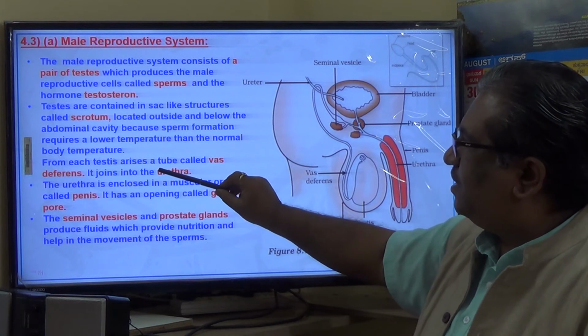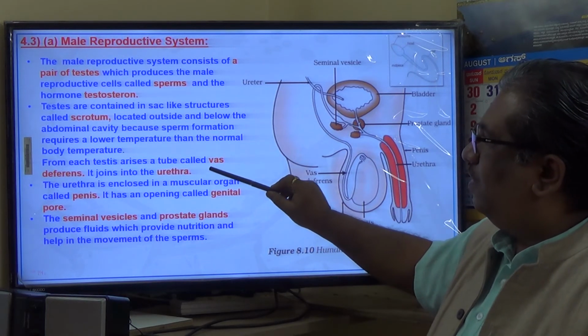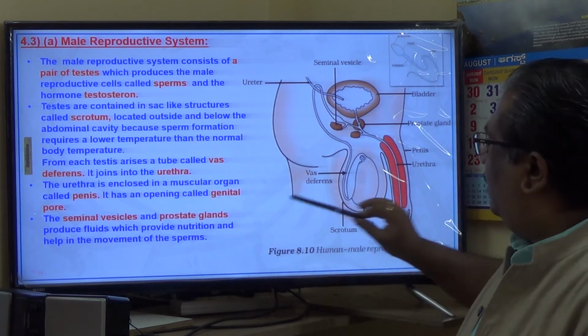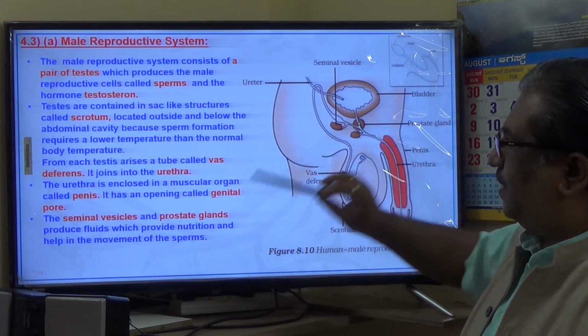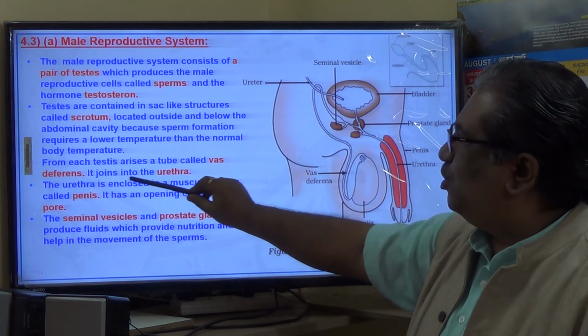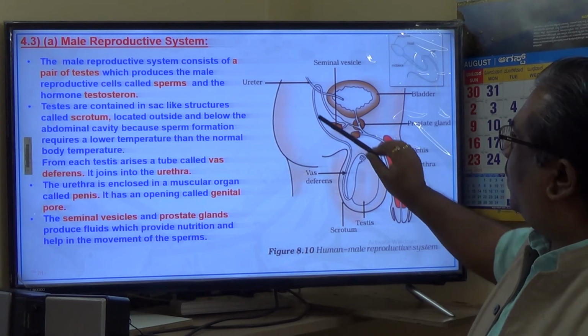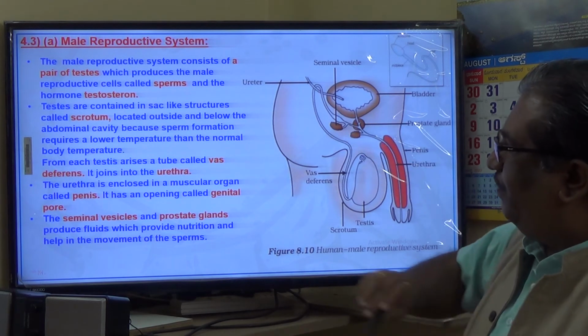From each testis arises a tube called vas deferens. It joins into the urethra.